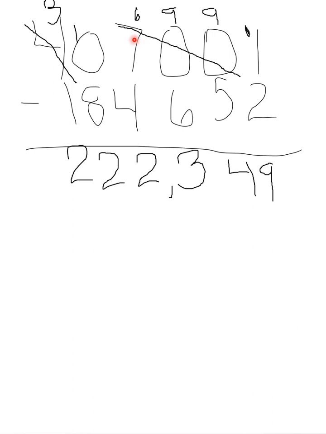So I knew I was going to have to take 1,000. Okay? So what I did was I crossed out the 7,000 and I made it 6,990 and added the 10 over here. If I take 6,990 plus 10, that equals 7,000. Okay? So that's what I had to do.